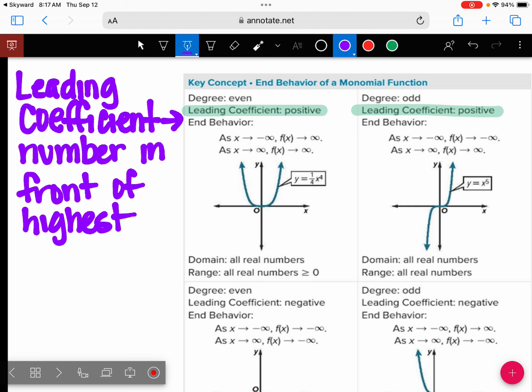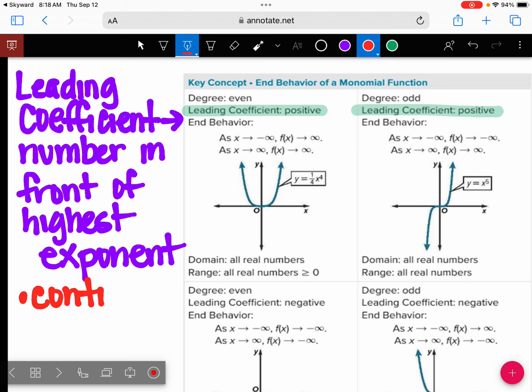So if you have a lot of different terms, you're only focusing on the highest exponent. The number in front of the highest exponent is your leading coefficient. And that's really, really important, because the leading coefficient will control the right arrow.